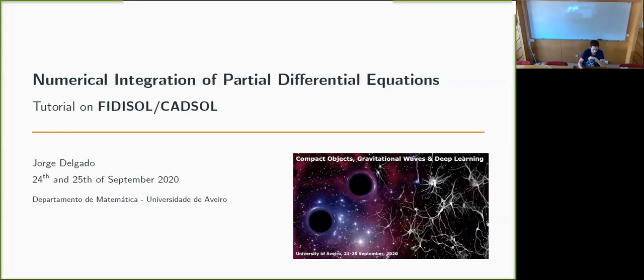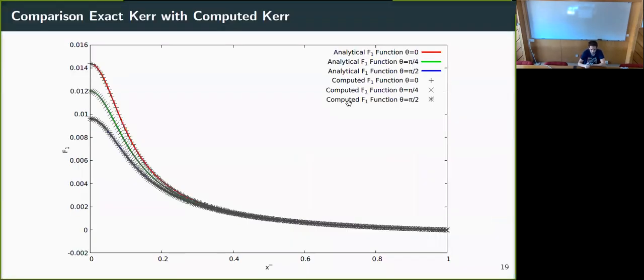Something I didn't do yesterday was show how well the numerical functions compare to the analytic ones. Here we have results for the F1 function. The lines, a red line, a green line, and a blue line, although it's a bit hard to see, are the analytical solution, and the plus symbols, the cross symbols, and the star symbols are the computed function.